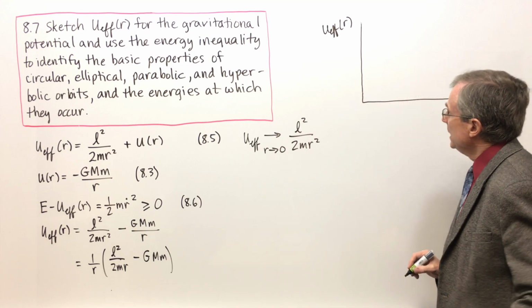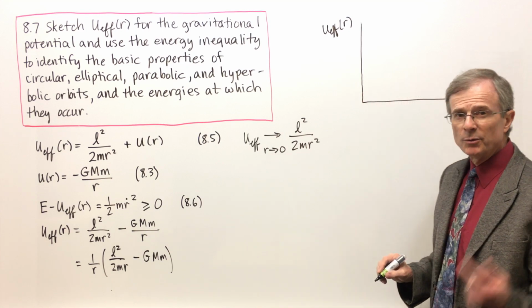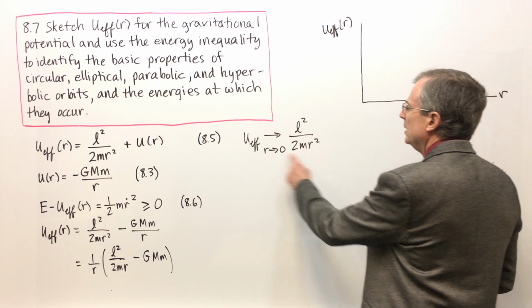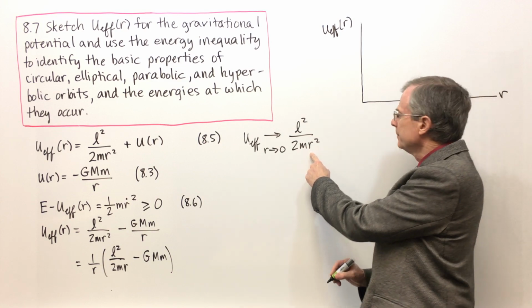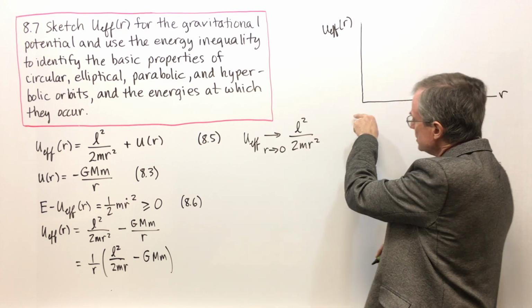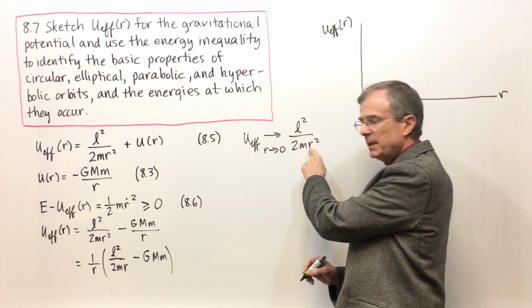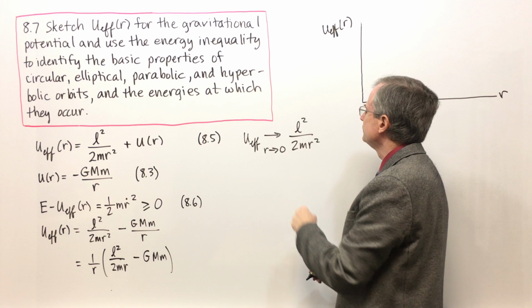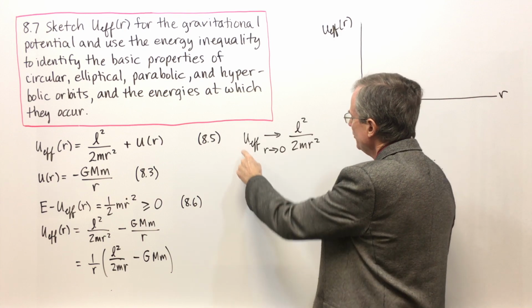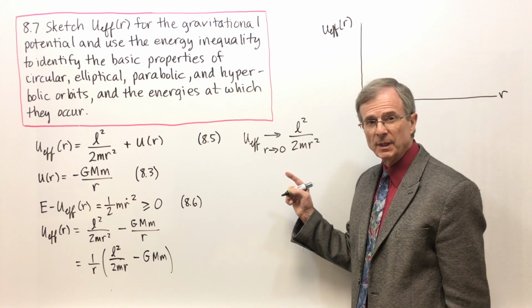All right, so what does that mean in terms of plotting U effective as a function of r? Well, what does this function look like? As r goes to 0, again, we have a big number in the denominator. And this U effective is going to go to infinity.